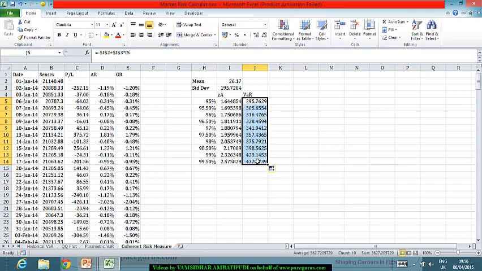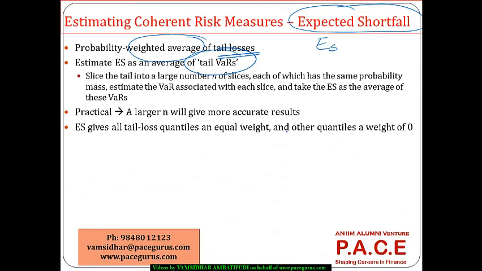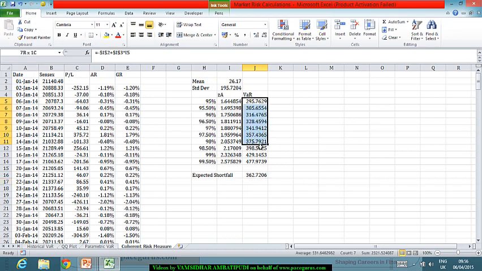Like that across, I compute the VaRs for 95.5, 96, 99, 99.5. Finally, what I am trying to compute is the expected shortfall, which is nothing but a simple average of all these tail values at risk. The expected shortfall comes out to 362.72.